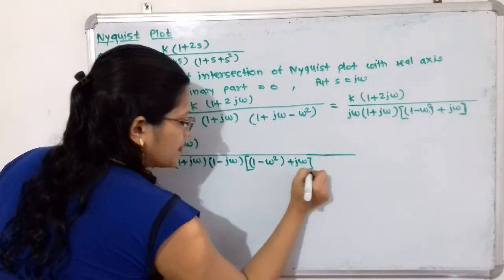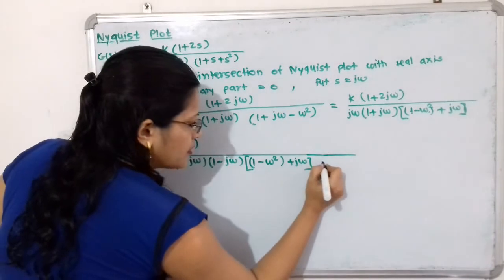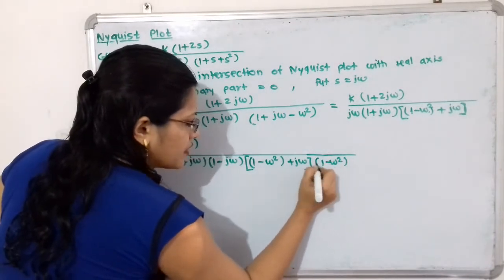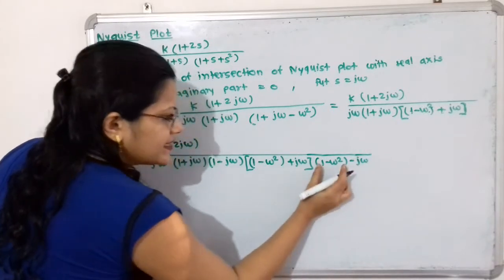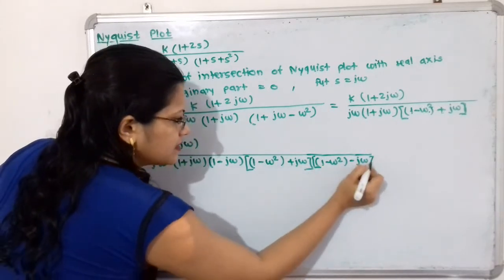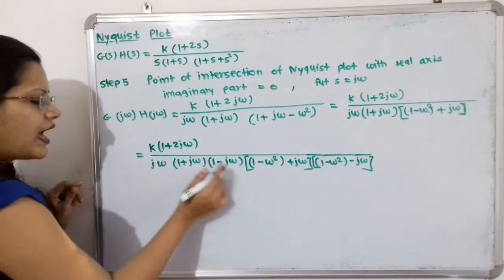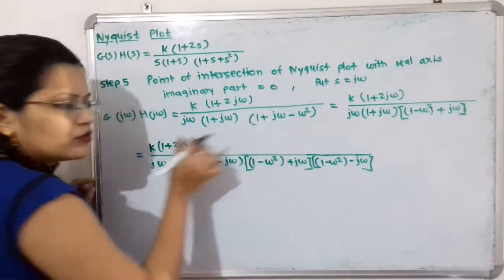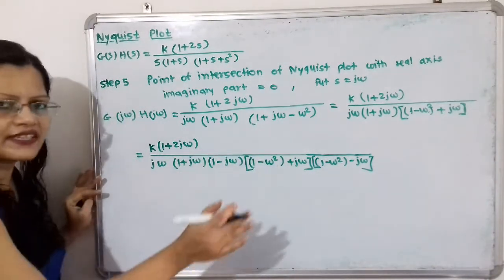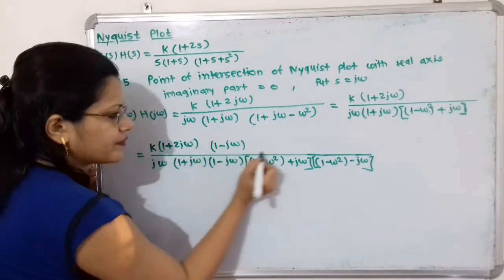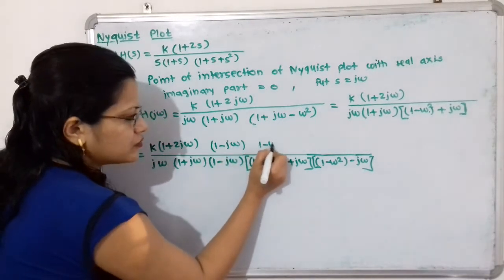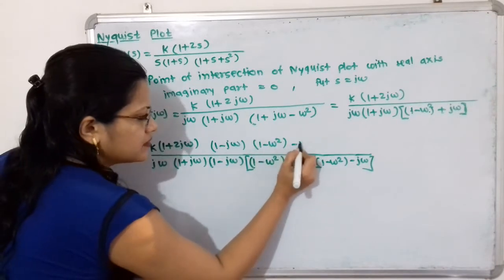Now I have to multiply with complex conjugate, that is 1 minus omega square minus j omega, because a is this real part and b is this imaginary part. Now I will take this complex conjugate to the numerator also, so whole effect is getting cancelled. So 1 minus j omega and here 1 minus omega square minus j omega.